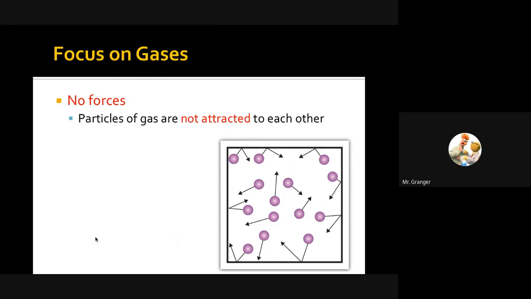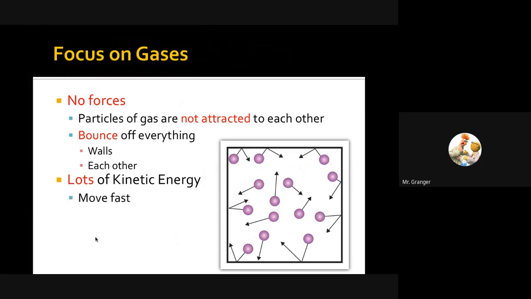So we can see we have random movement. Every direction is indicated by these arrows, and they collide with each other. They collide with the sides of the container, and we have bouncing and jostling around of the particles going on. So they do bounce off everything, the walls and each other.